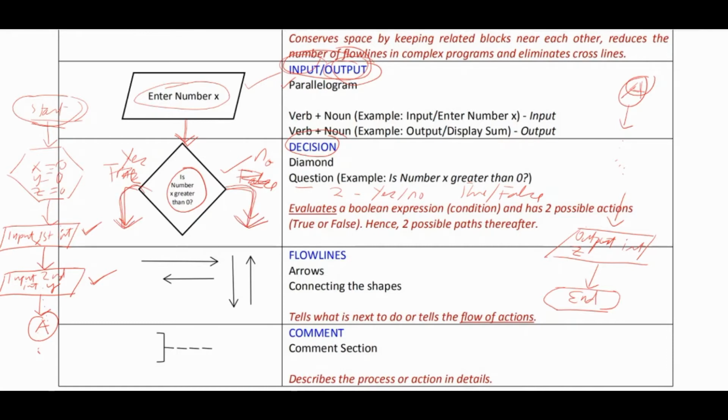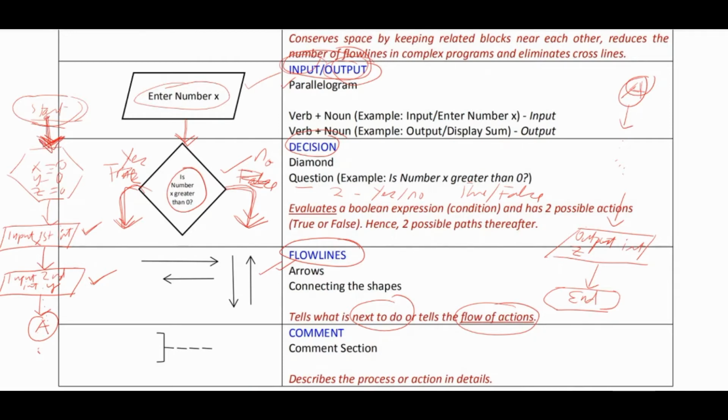And the next is, as I have mentioned already, called flow lines. These are arrows, and these are connecting the symbols or the shapes. And this tells what is next to do, or tells the flow of actions. For example, this flow line here, the direction is going down from this to that.